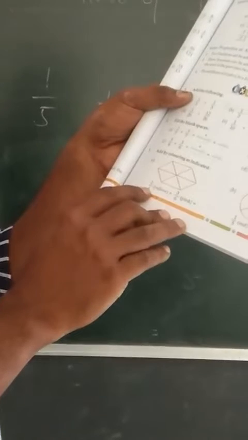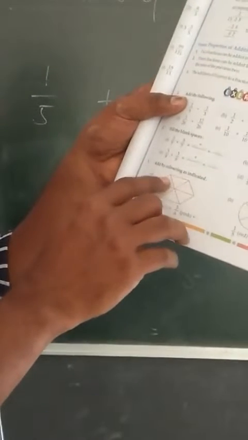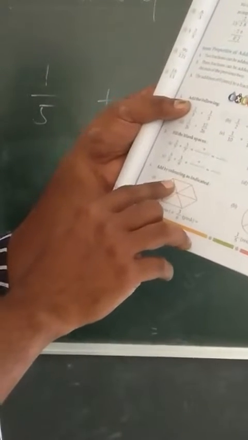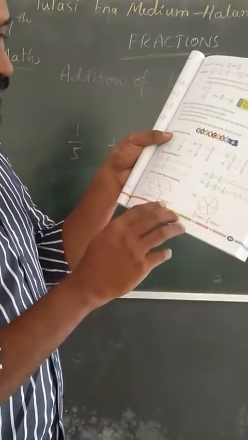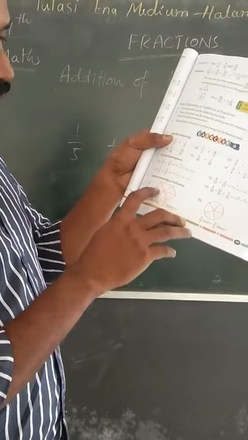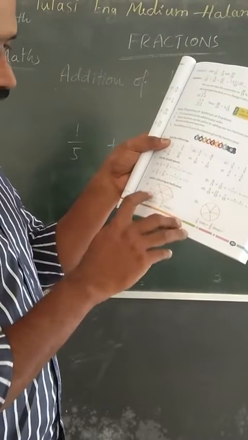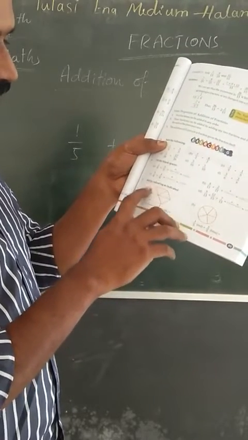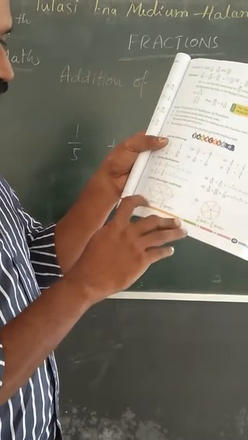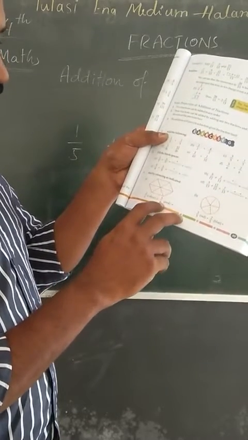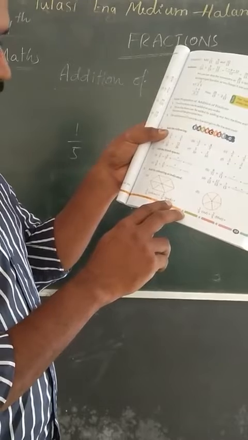2 by 6 yellow. Any 2 you have to color in yellow, and 3 by 6 in pink. Total number of divisions is 6, you know that 1, 2, 3, 4, 5, 6. Any 2 we have to color yellow and any 3 pink.